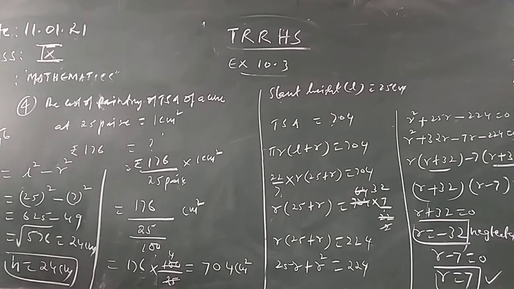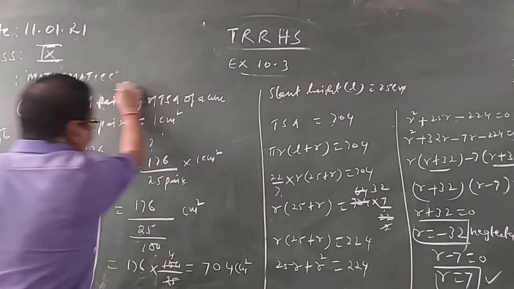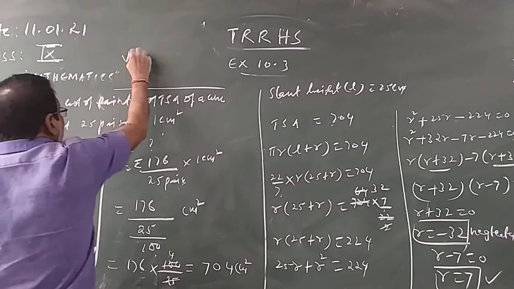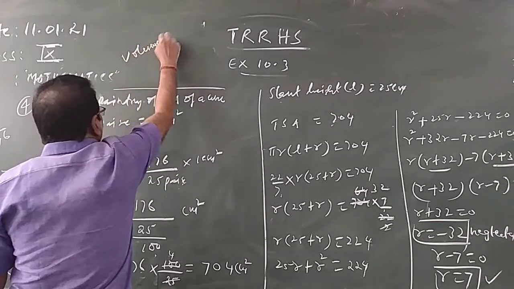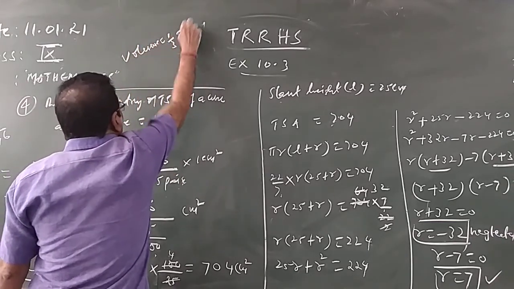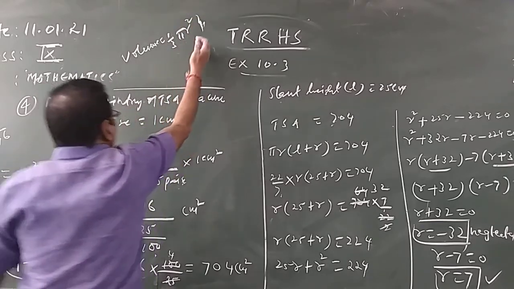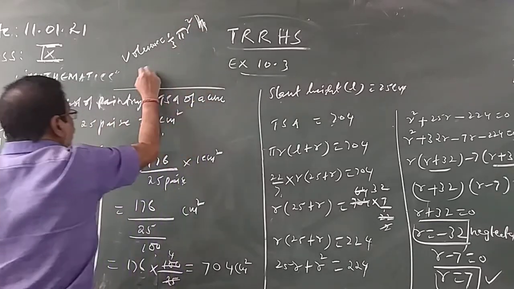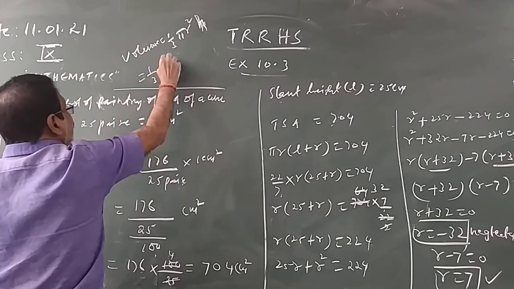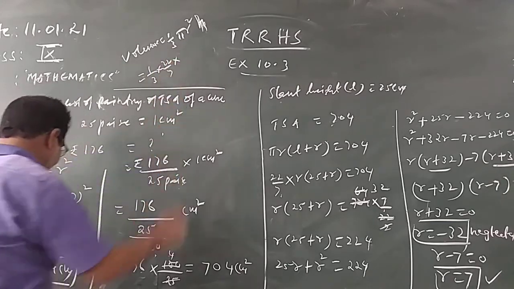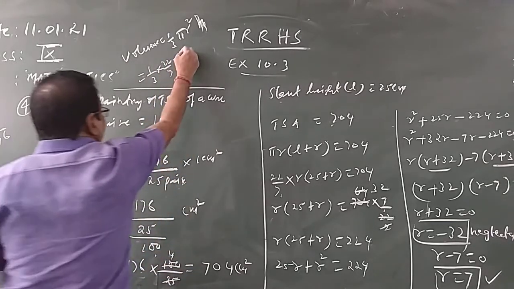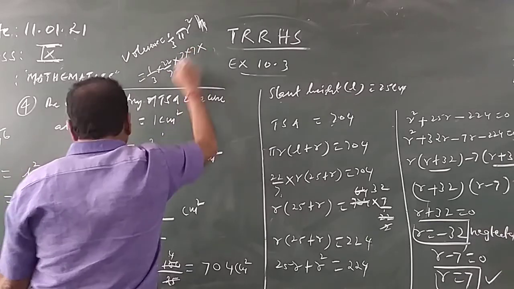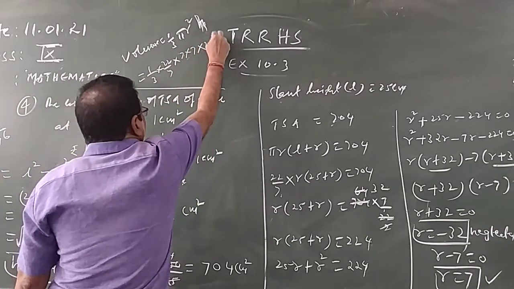We got the radius. Now find the volume. You know the volume formula, complete it. Volume equals 1 third pi r square h. Pi value is 22 by 7, the radius is 7, so 7 square, 7 into 7, and h is 24.